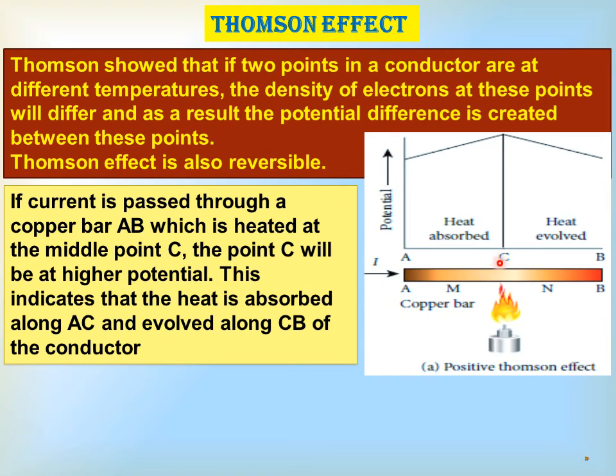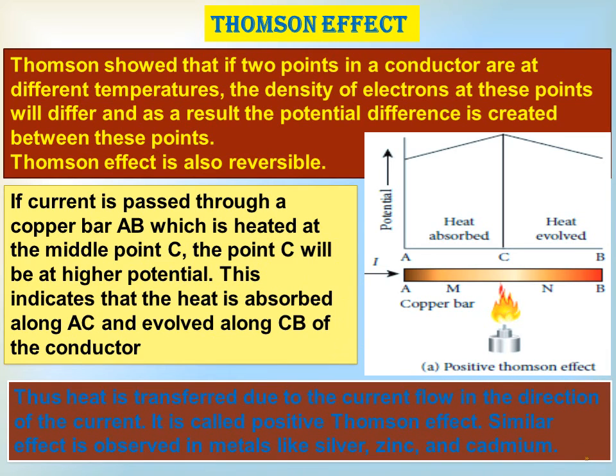This indicates that heat is absorbed along AC and evolved along CB of the conductor. Thus, heat is transferred due to current flow in the direction of the current, and it is called the positive Thomson effect. A similar effect is observed in metals like silver, zinc and cadmium.